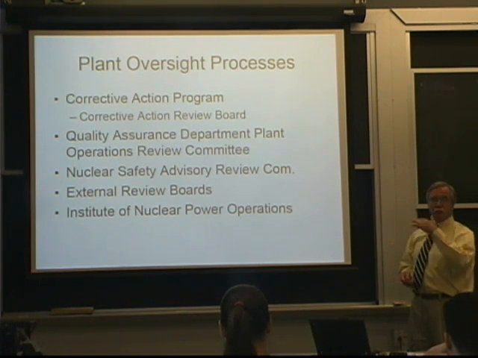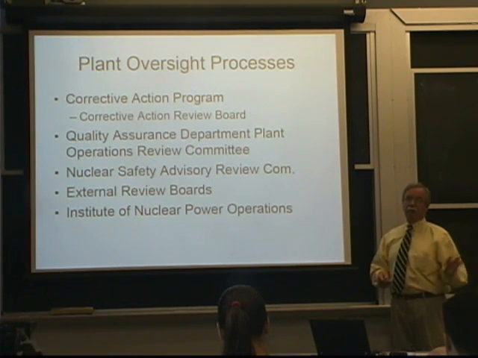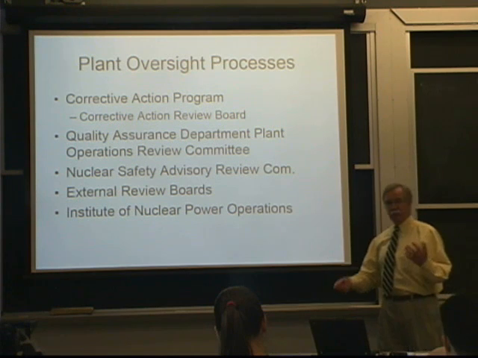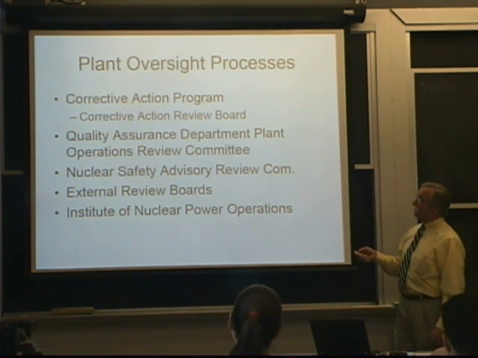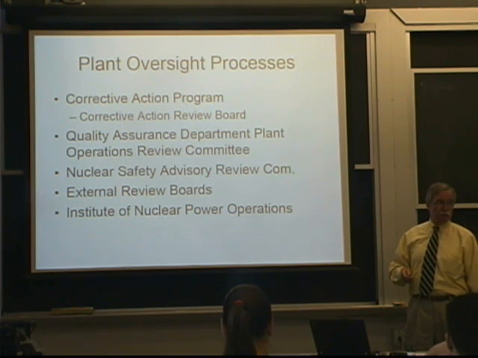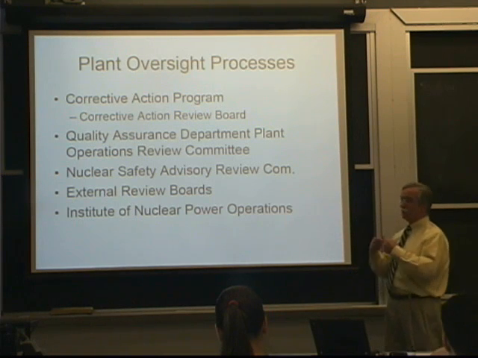Each condition report is evaluated for its significance, responsibility assigned, priority assigned, and addressed. Then they have a corrective action review board, which is a group that maybe meets once a week, maybe a couple of times a month. And they review all of the corrective actions that have been taken, and try to identify whether there are any trends. Are there things that we're seeing, especially in human error, that are repeating?